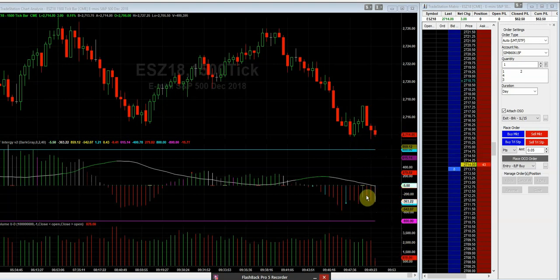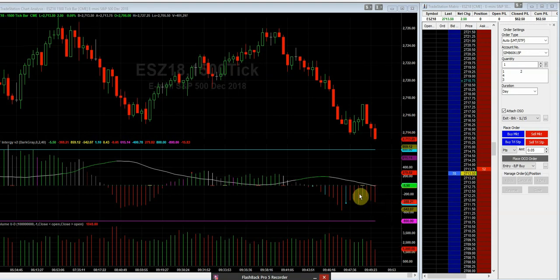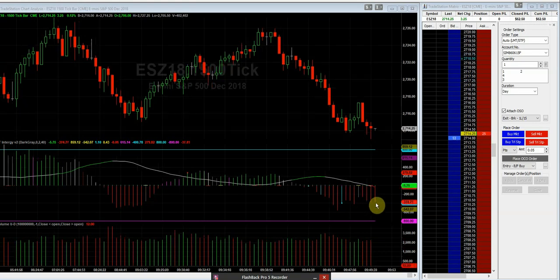But again, the bars are now starting to decline again. They're starting to get longer, so that means the supply is actually gaining in strength. If we were going to go to the upside, taking a long trade, we'd want to see these growing shorter.